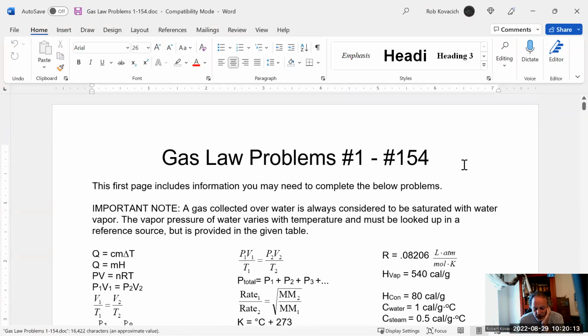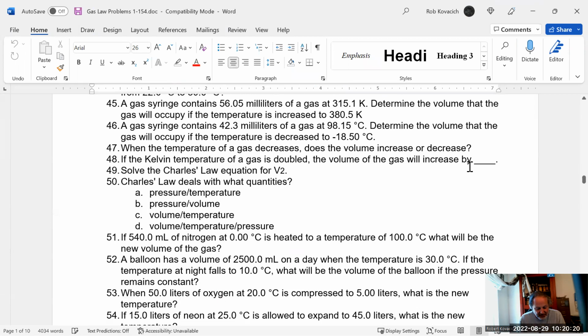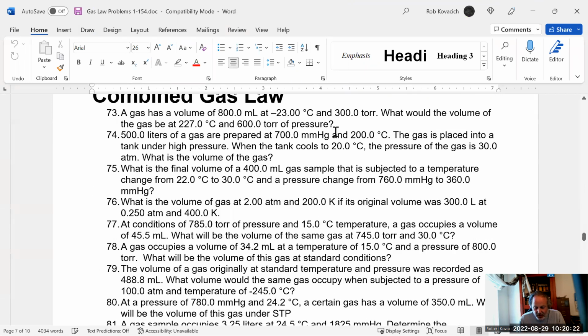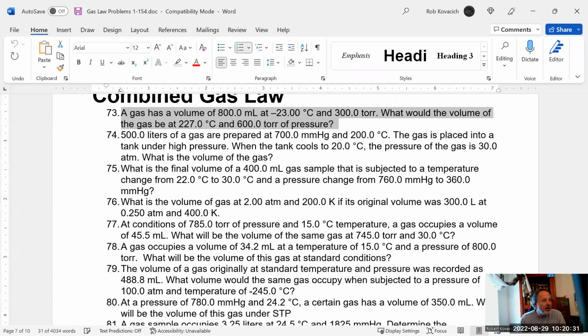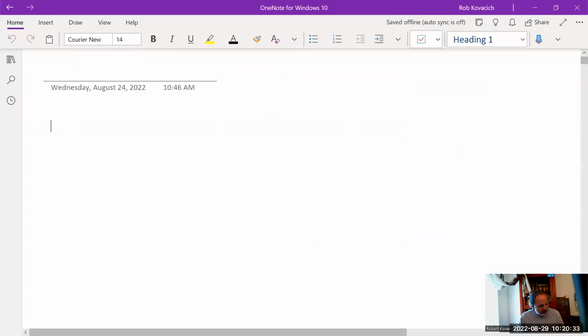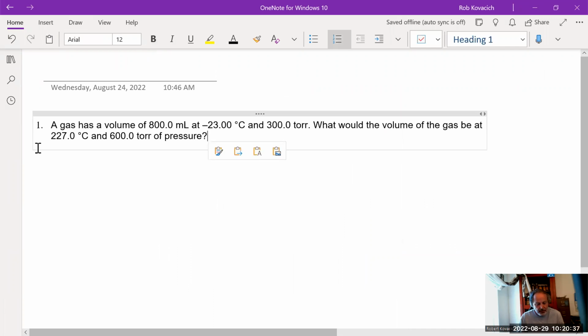So if you really want to get into this, you can do 154 problems if you want. So I'm going to scroll down until I get to the combined gas law. All right, so then I'm just going to grab this one right here. Oops, there aren't answers written down for this one. Copy. Then I'll go back over to here and I'll paste that in there. Control V.